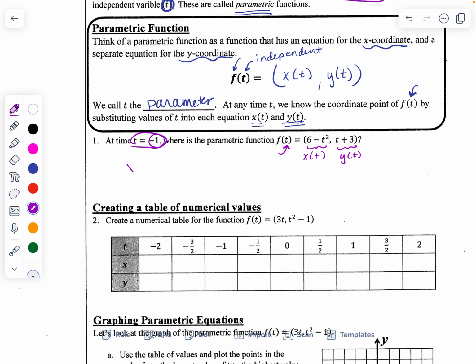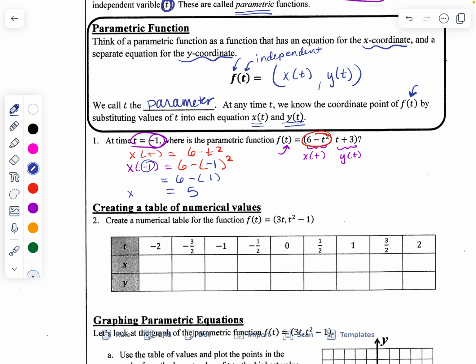So we know in order to find when t is -1, we're going to find x of t. So to find x of t, we're going to find x of -1, which we see here is 6 minus t squared, right? Because x of t equals 6 minus t squared. So if I plug in -1 for t, this becomes 6 minus -1 squared, which is just 1. 6 minus 1 is 5.